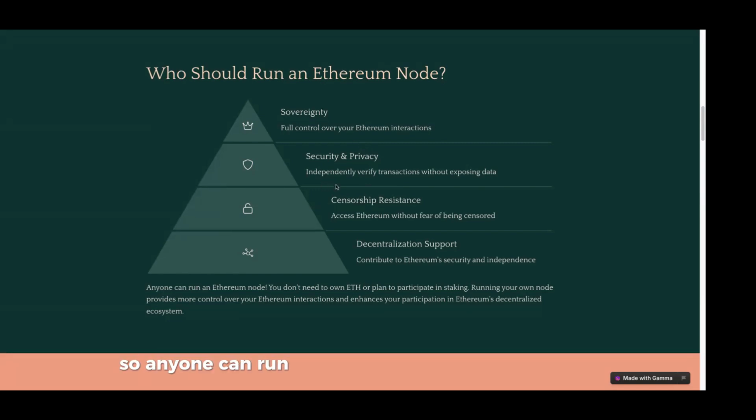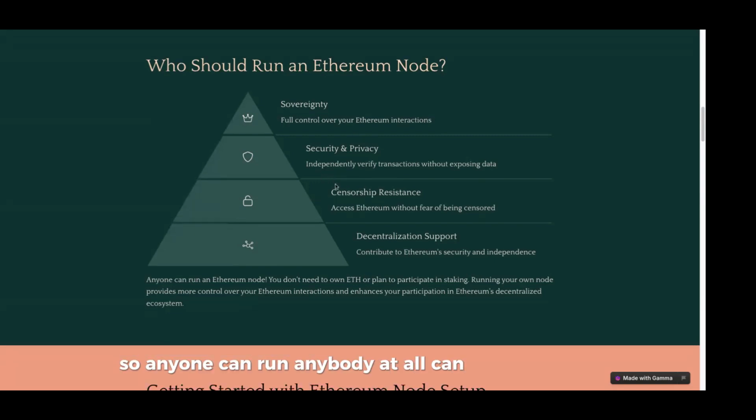Anybody at all can participate in the network, because it's permissionless. And if you want to run a node, you don't need to stake. What this also means is that you will not earn rewards, because you're not participating in any staking or consensus, I would say.